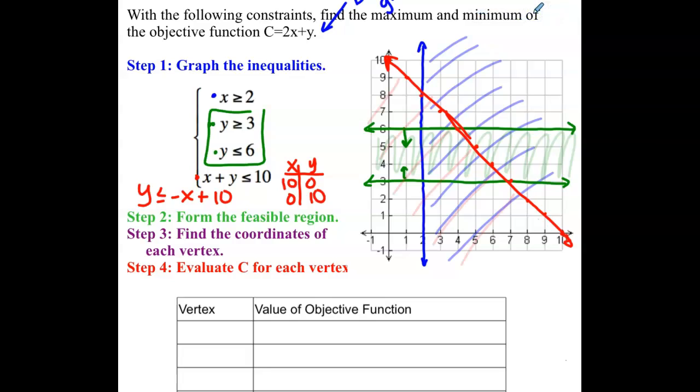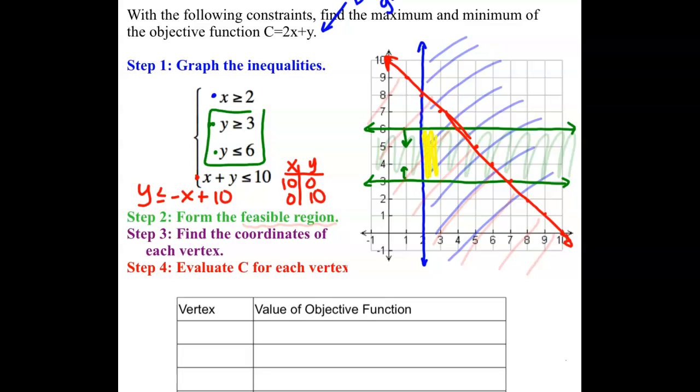So the section of our graph where all of the constraints are being satisfied forms what we call that feasible region. All right, so let's go through this. We want it to be in between our two green lines. We want it to be to the right of our blue line, and we want it to be under our red line.